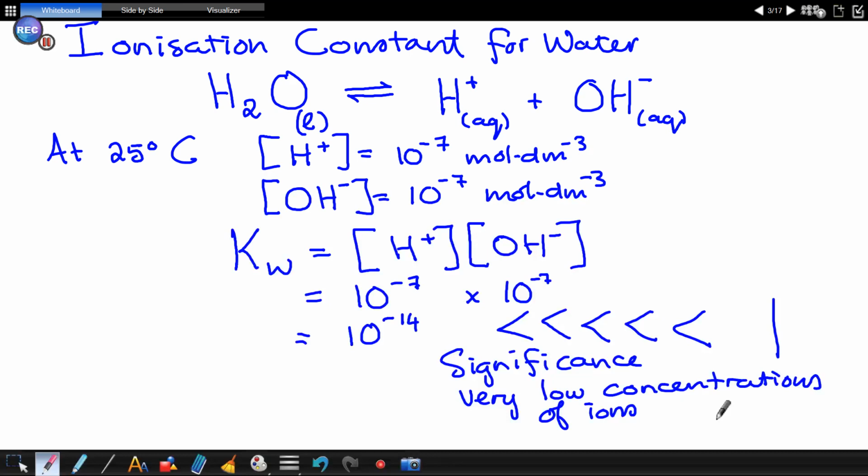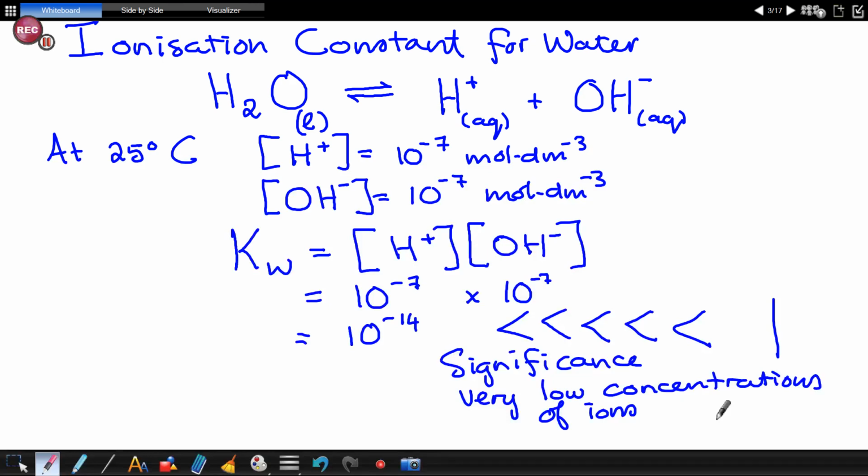So the amount of this and this is very small, and you can see it from the value there. The amount is very small. So most of water will be H2O. Very little of water will be H plus and OH negative. Very small percentage will be that.